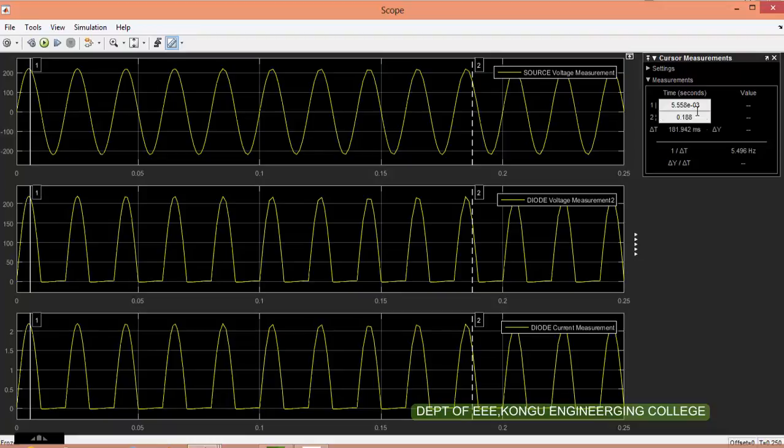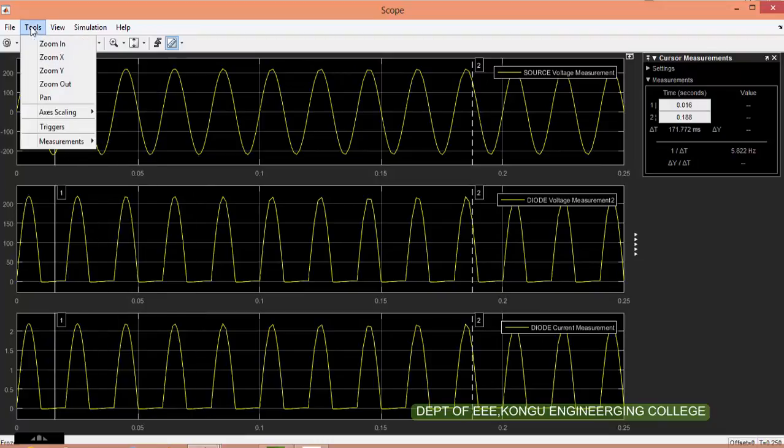Here I can get both the x-axis and y-axis value, that is voltage and time period. By using this cursor, I can measure the waveform value. Next, go to measurement and uncheck this box.